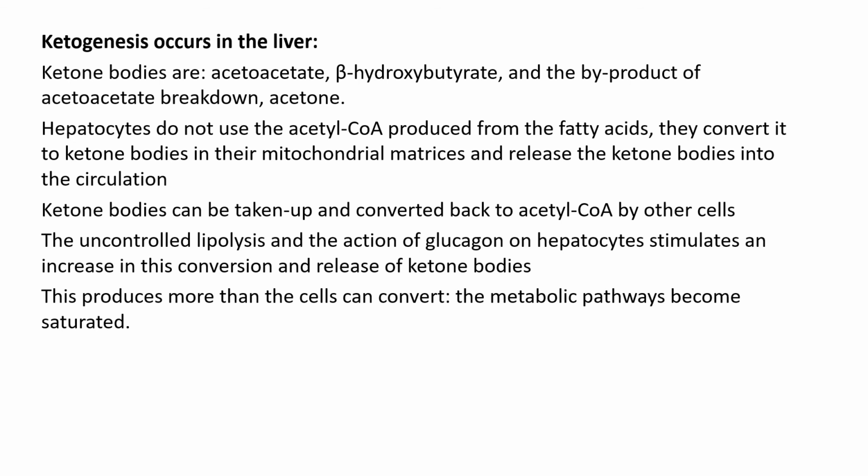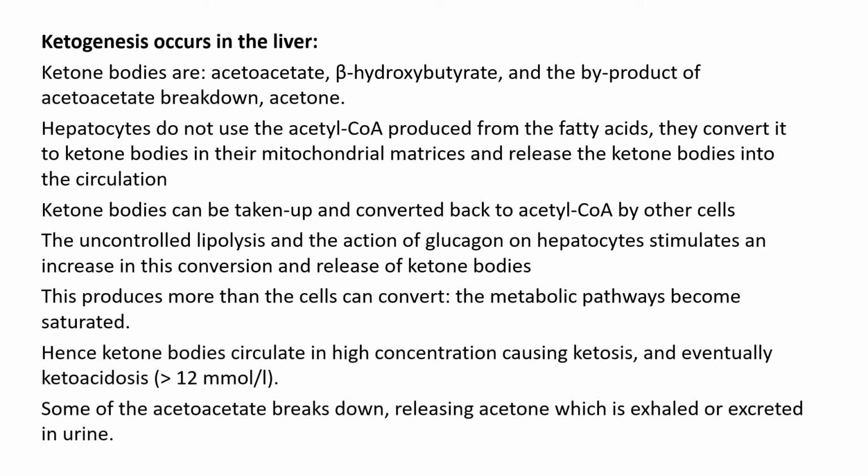So we have this oversaturation. And of course, you can see what's going to happen. We're going to end up with ketone bodies floating around in the circulation, unwanted. So ketone bodies end up circulating in high concentration, giving us ketosis. Eventually, due to the release of H+ from these ketone bodies, this will give us ketoacidosis. And this occurs when we have a ketosis of something like more than 12 millimoles per litre.